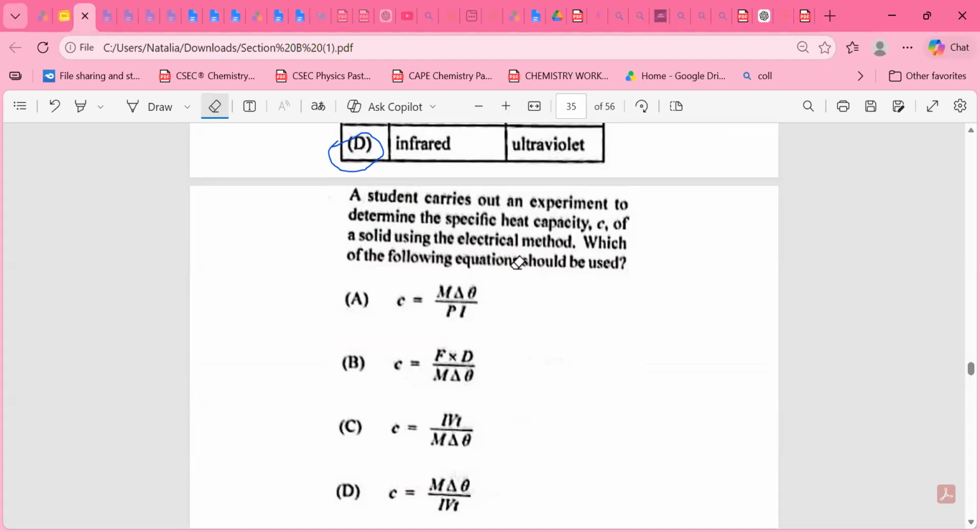So we know that energy is at the top, and energy would be IVT. So the answer is C. Power multiplied by time gives us energy. Power is current times voltage.